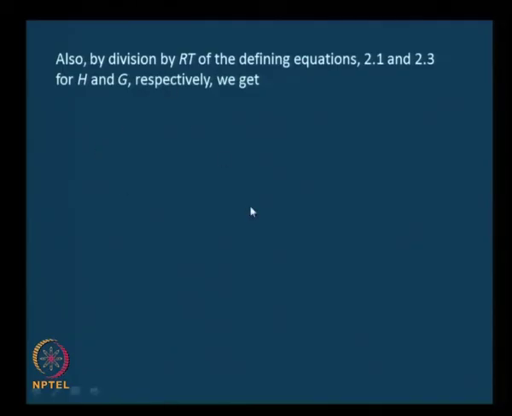By dividing equations 2.1 and 2.3 by RT, this will come back to you straight away. You don't need to go back. H equals U plus PV, therefore U equals H minus PV, and dividing throughout by RT, U by RT equals H by RT minus PV by RT. That is equation 330.